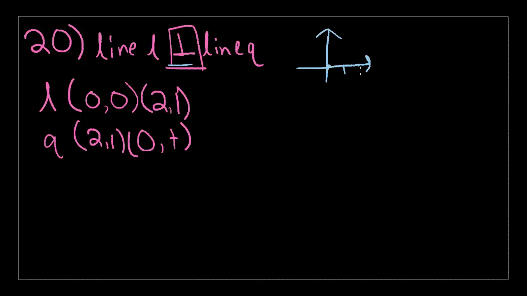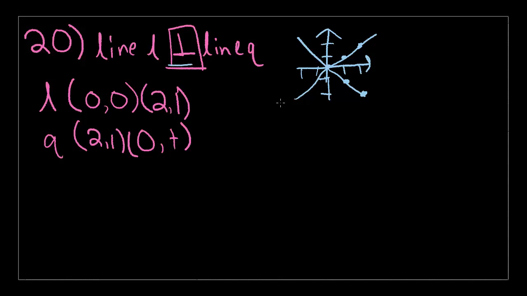Very horrible graph, but it'll be enough to visualize it. So this goes like this, and this goes like this. This is a point (1, 1), (2, 2).